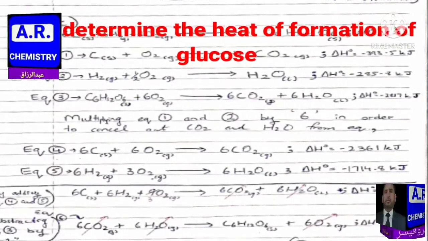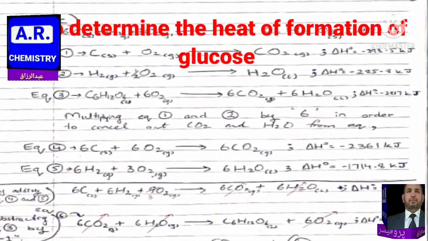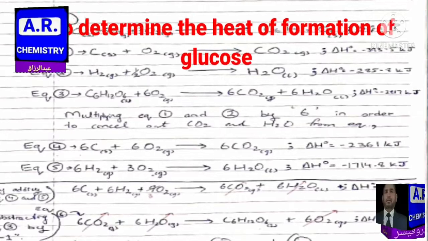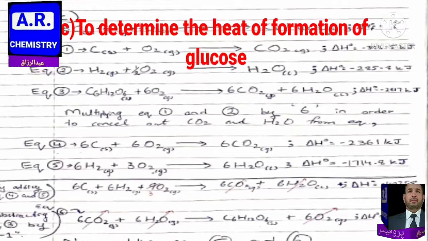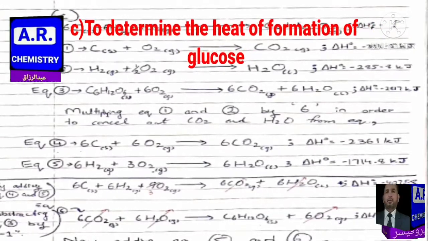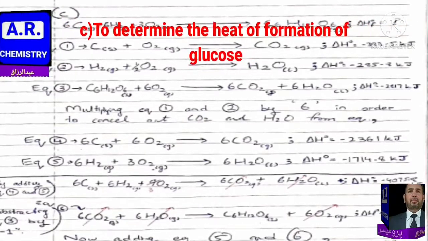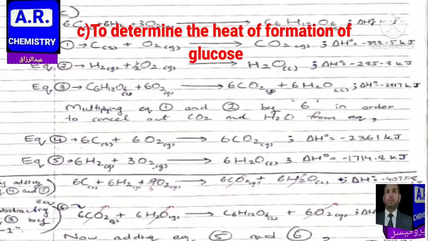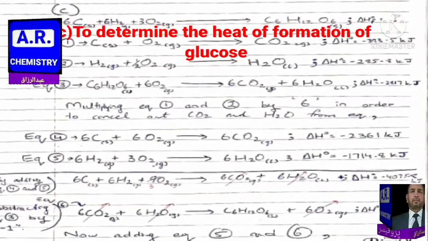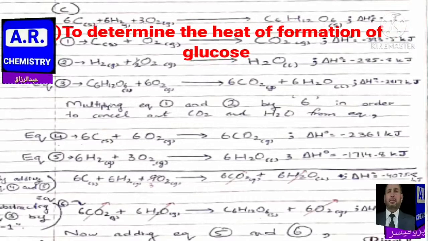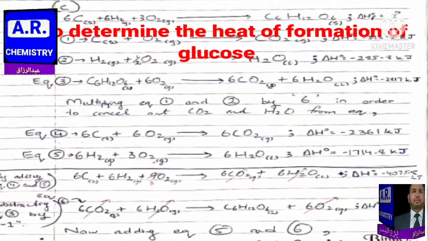First, when you multiply the carbon combustion equation by 6, you get 6 carbon, 6 O2, 6 carbon dioxide. You are also to multiply 393.5 by 6, then you get 2361 with a minus sign. Similarly, when you multiply the hydrogen combustion equation by 6, you get 6H2, and 6 into 1 by 2 O2, you will get 3 O2, and you also get 6H2O.